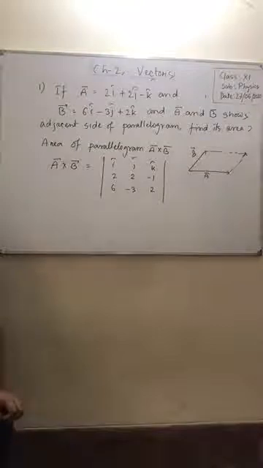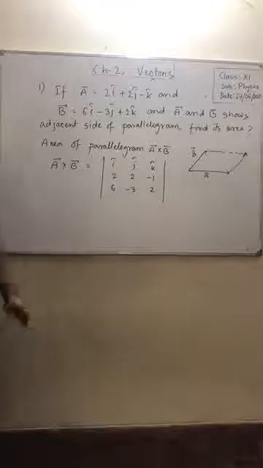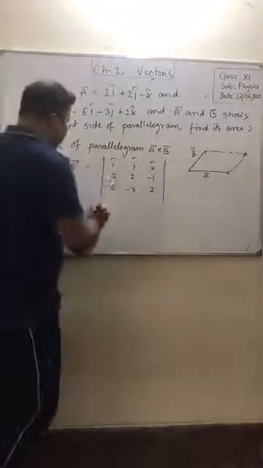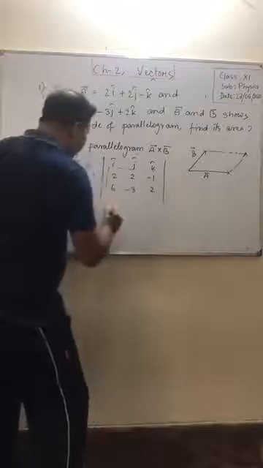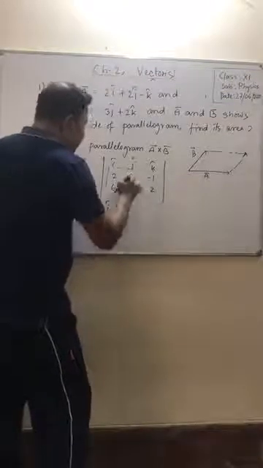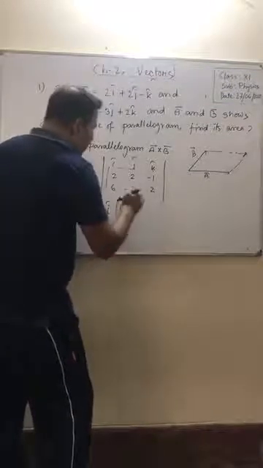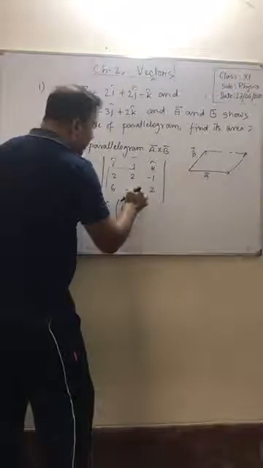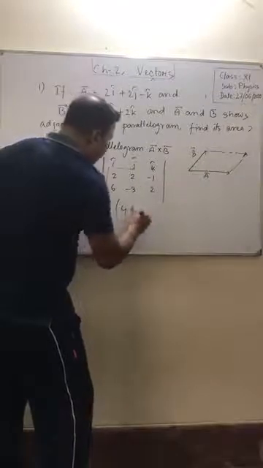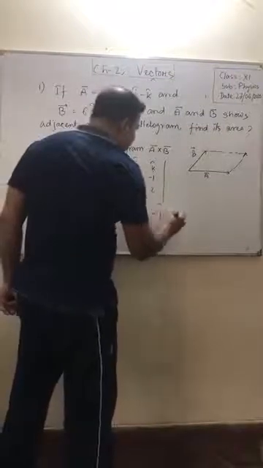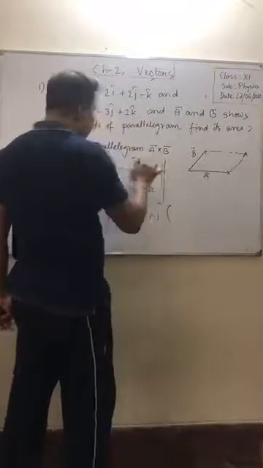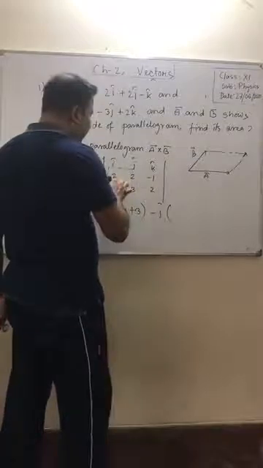Now I do this like a matrix cross product. First we take i, so this row and column are closed. 2 times 2 is 4, then minus 3 times minus 1 is plus 3. Then minus j: this one and that one are closed. 2 times 2 is 4.